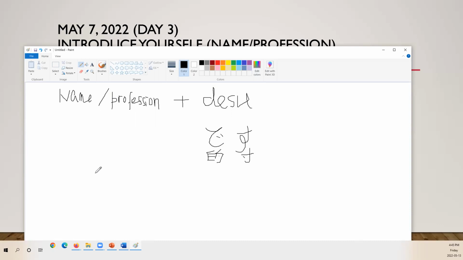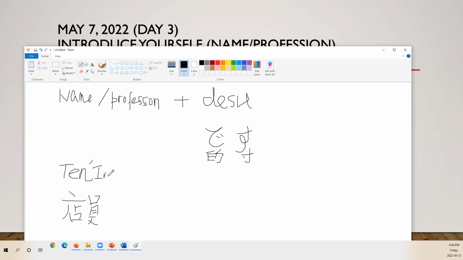And then let's say that you want to introduce yourself as the ten'in, right? Which is a store salesperson. So you say ten'in desu, right? So these kanji actually represent the meaning, right? Ten'in. So the pronunciation is ten, in.